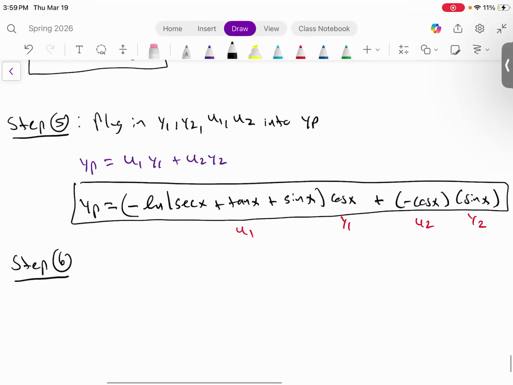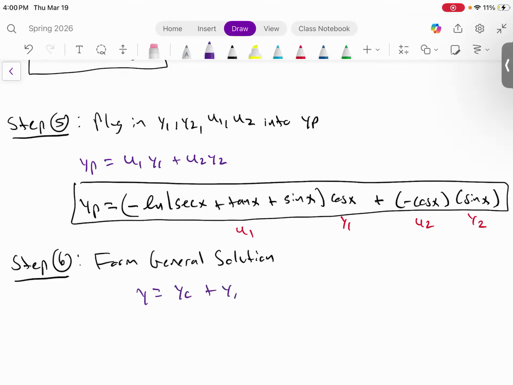So now let's form our general solution. Step 6, form general solution. And my general solution is my complementary plus my particular.